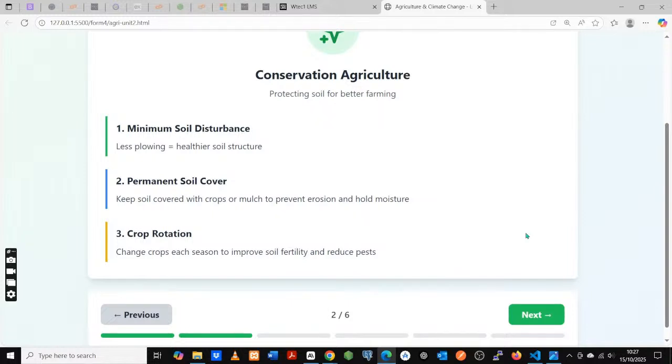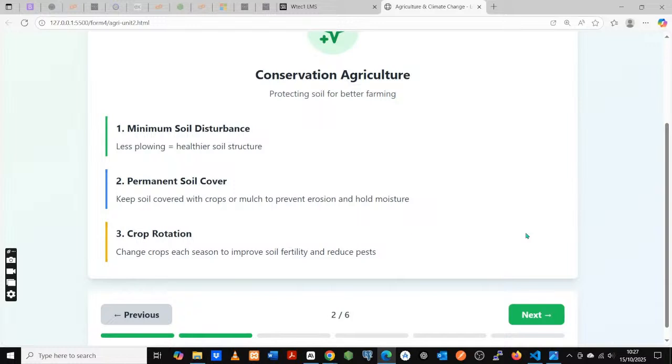This is conservation agriculture. The aim here is to achieve soil structure. Minimum soil disturbance will help soil bind to each other. So in times of heavy rains, we shall no longer have soil degradation, soil erosion. Number two principle of conservation agriculture is permanent soil cover.